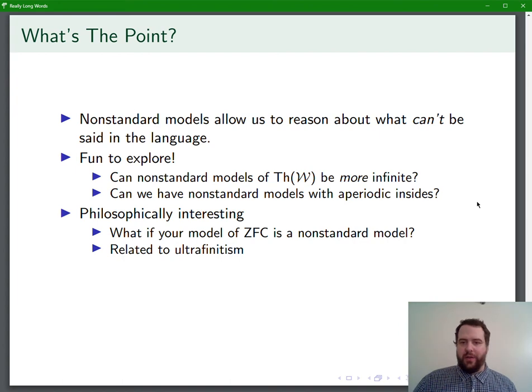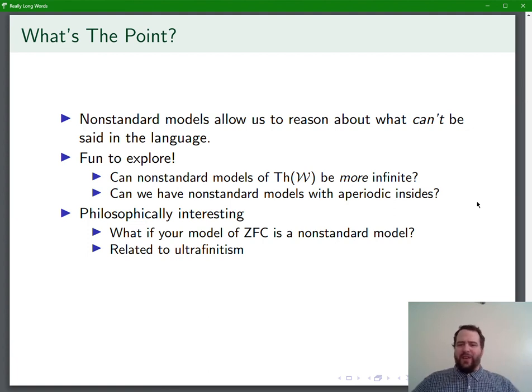They're a lot harder to study than this particular structure because we were dealing with a very nice language. But nonetheless, these structures do have non-standard models, and one of the questions you need to ask is, how do you know that your model is the standard one, isn't a non-standard model, right? How do you know that your natural numbers aren't actually somebody else's non-standard natural numbers? How do you know that your set theory is not somebody else's non-standard set theory?